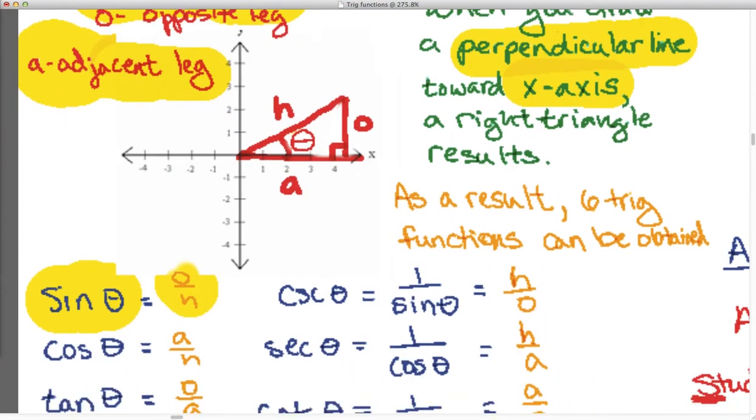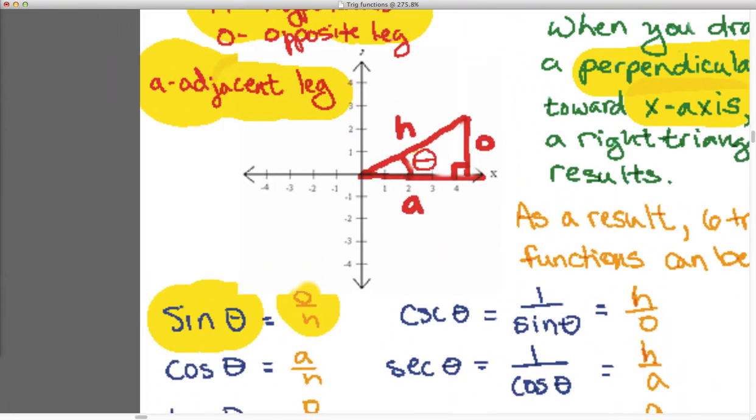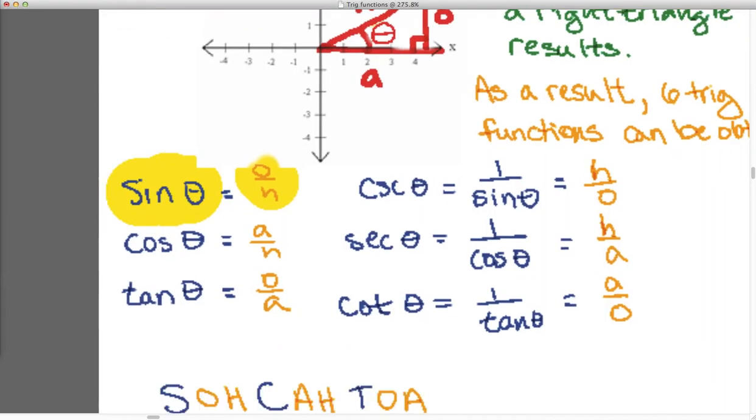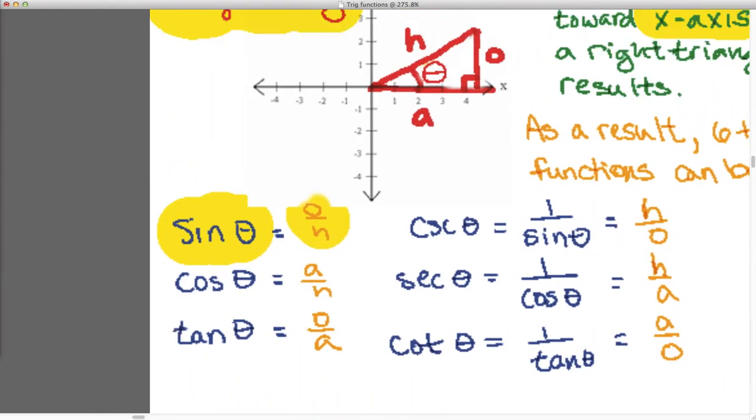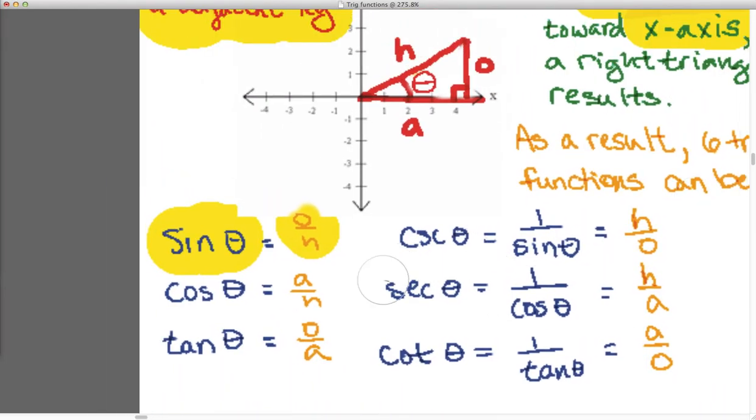So based off of that, a few things emerge. First, there's trigonometric functions that emerge. We know that sine is the opposite leg over the hypotenuse, and its reciprocal, cosecant, is hypotenuse over opposite.